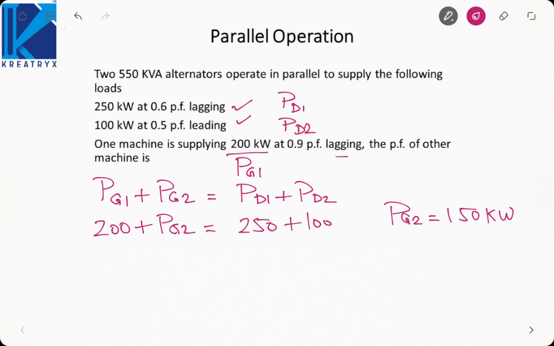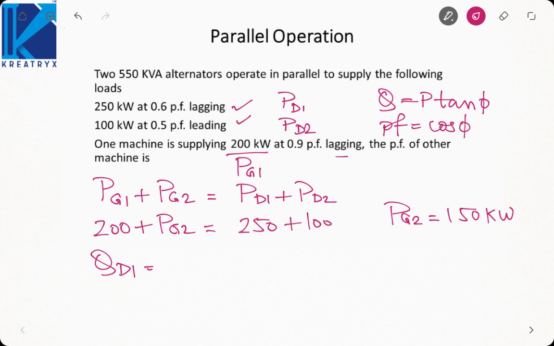Now in order to determine the power factor, we must also have knowledge about the reactive power. So first we should derive the reactive power for the first load, that is QD1. As you can see, it is lagging power factor, so reactive power shall be positive. We know reactive power is given by P into tan of phi, and power factor is cos of phi.